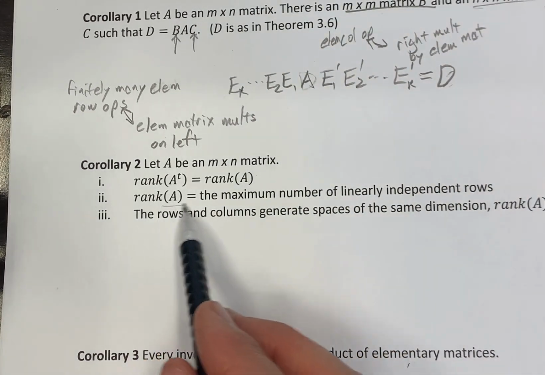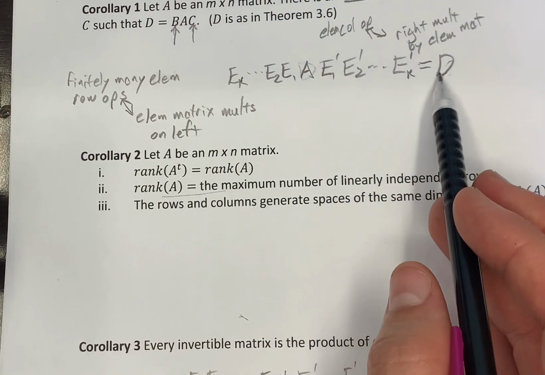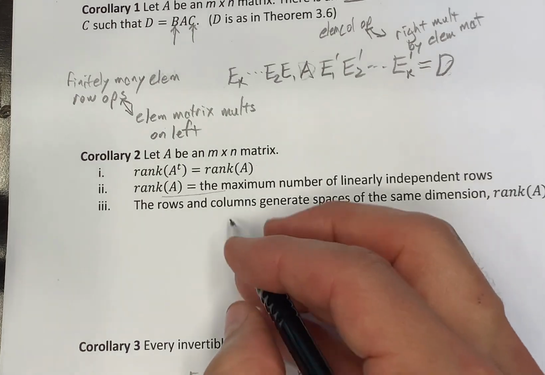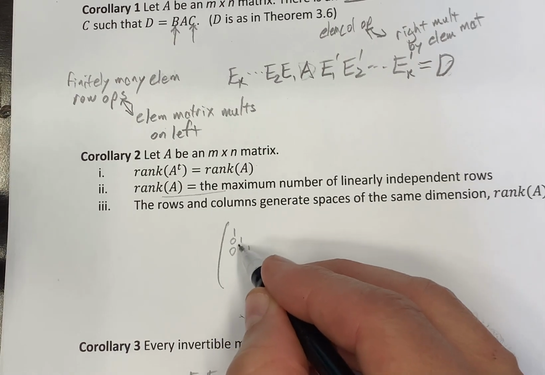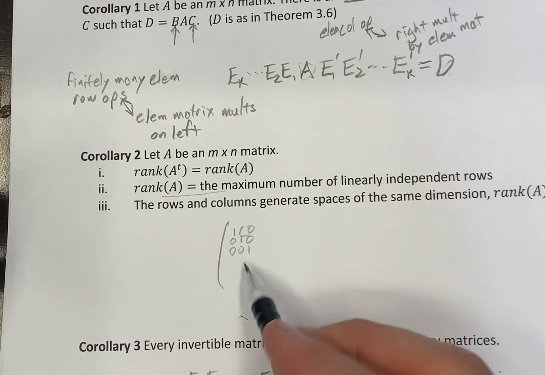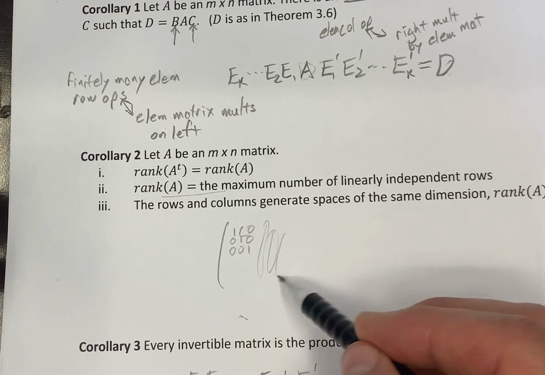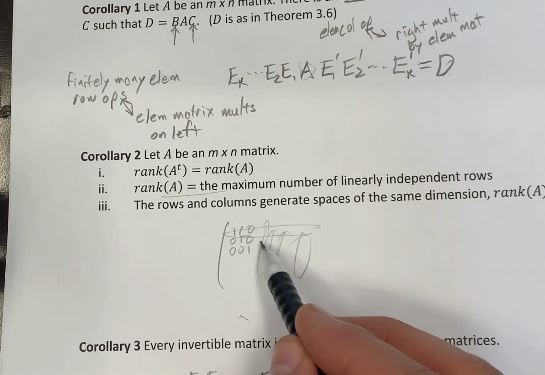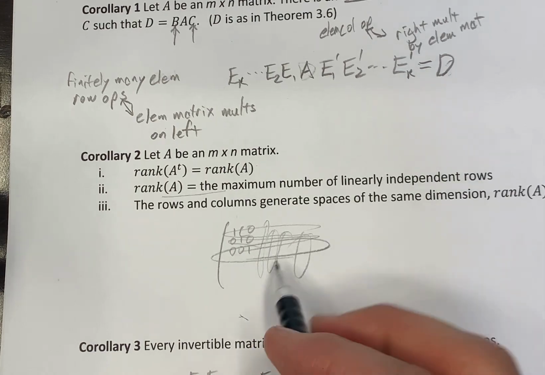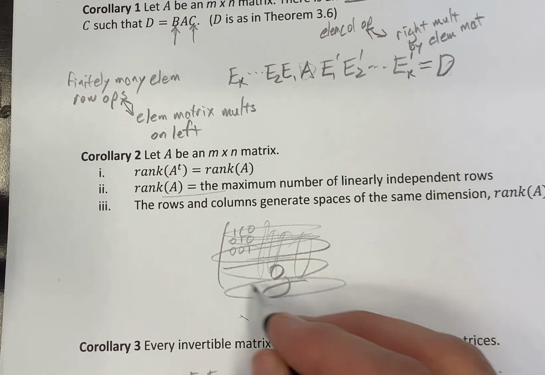We've looked at this previously, but if you look at the rank of a matrix in form D, right, the rank of A corresponds to the number of linearly independent rows, right? All of these rows are 0 rows, right down here, 0, 0, 0, right?